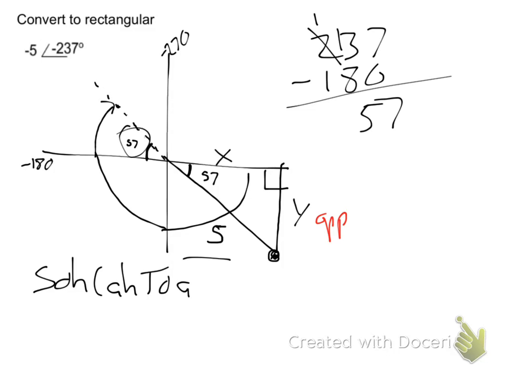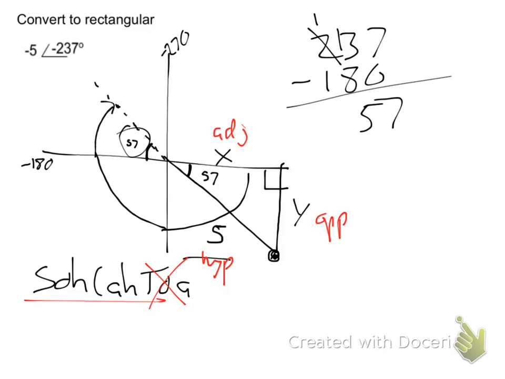So opposite, adjacent, hypotenuse. I don't know the opposite and I don't know the adjacent. So therefore, I am not even going to consider TOA or tangent. But I do have a hypotenuse and I do have the angle. So that means both of those will work.